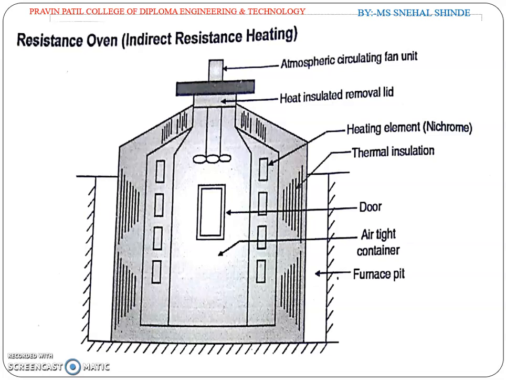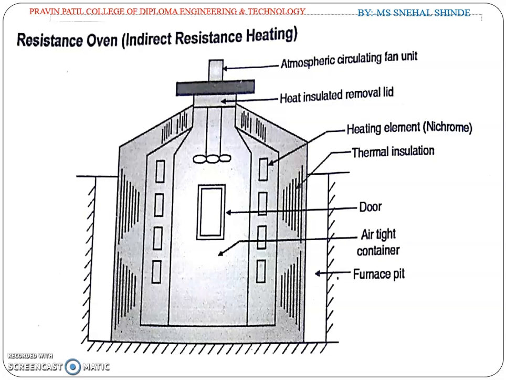In indirect resistance heating, the current is passed through some heating elements and this heat is passed to the charge through radiation or convection. The bath type resistance furnace or resistance oven is an example of indirect resistance heating. Bath type resistance furnace.